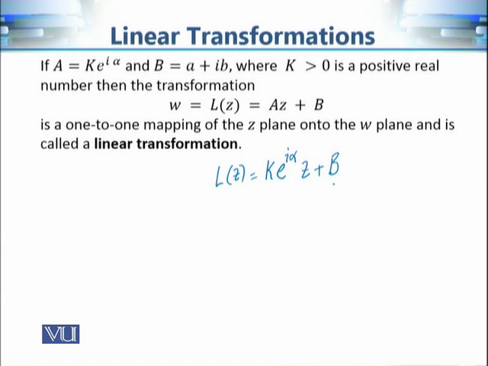When we choose some particular cases for a and b, we have translation, magnification, and rotation. From this transformation, we can observe that this K is responsible for the magnification, this alpha is responsible for the rotation, and this b is responsible for translation.